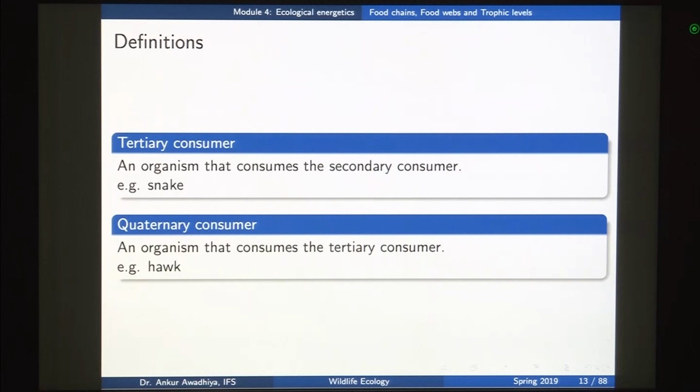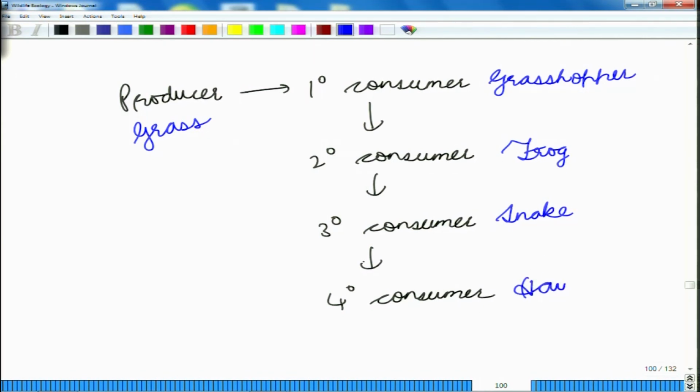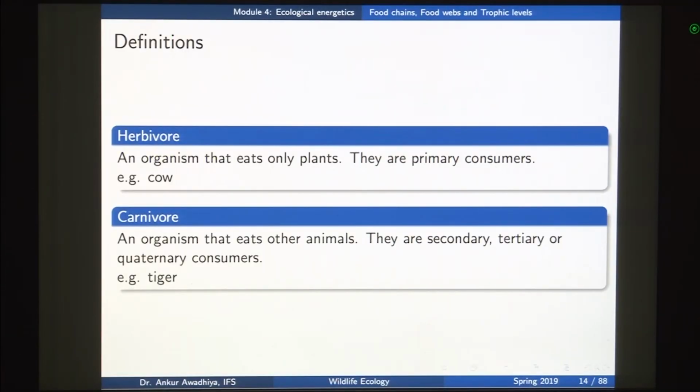So, in this particular example we are saying that you have a producer in the form of grass, the primary consumer is a grasshopper, the secondary consumer is a frog, the tertiary consumer is a snake, and the quaternary consumer is a hawk or maybe an eagle. Now, these consumers can also be classified as herbivores, carnivores, omnivores, detritivores, and so on.